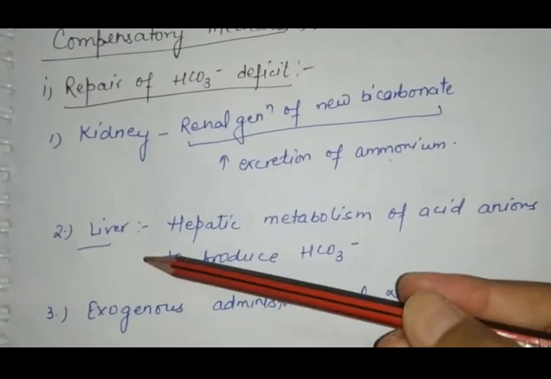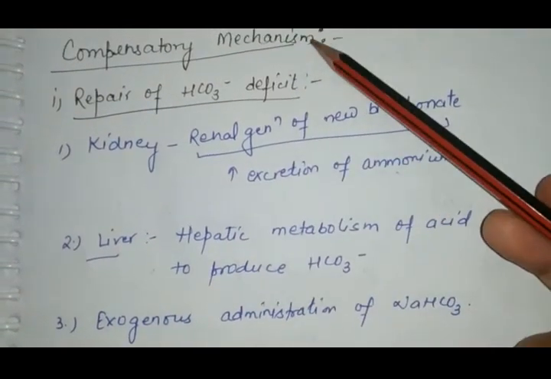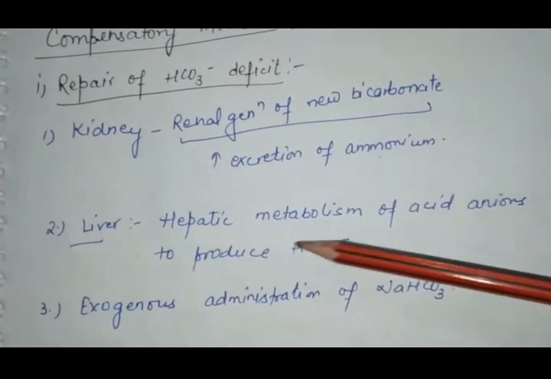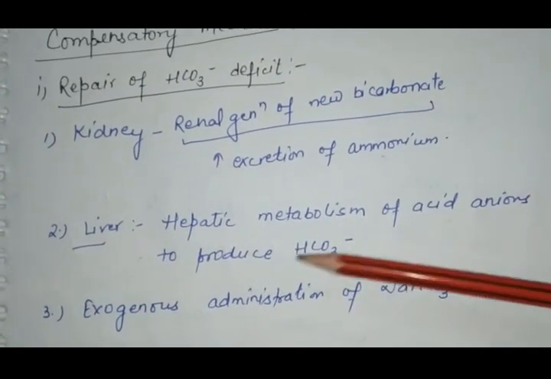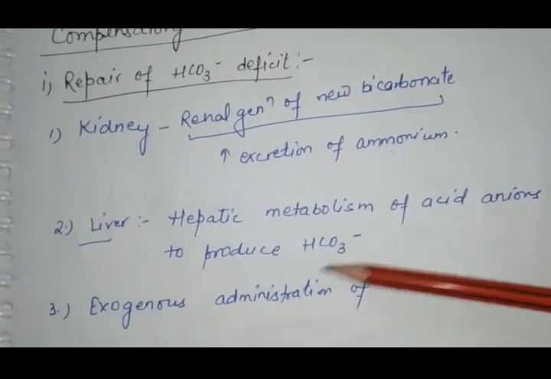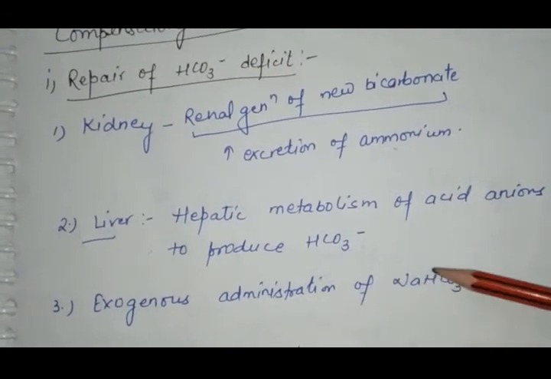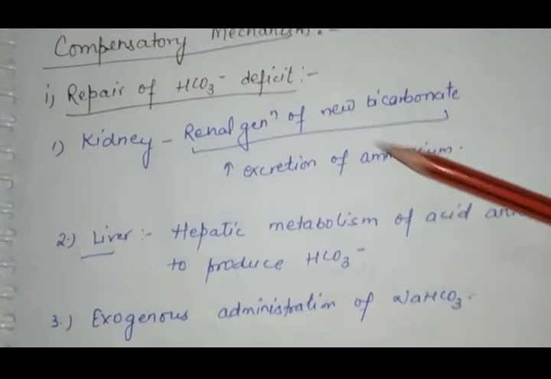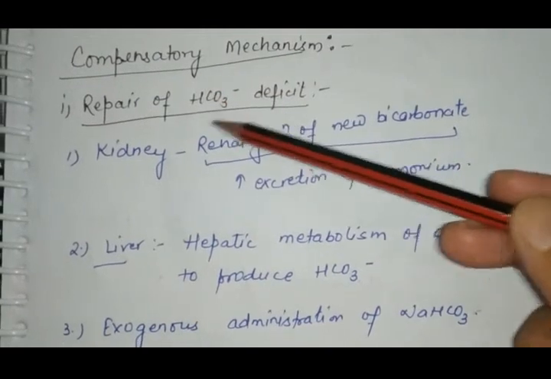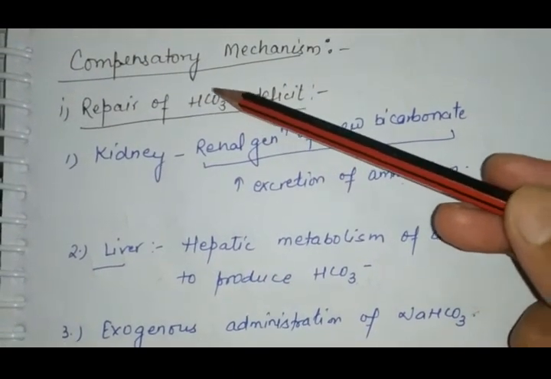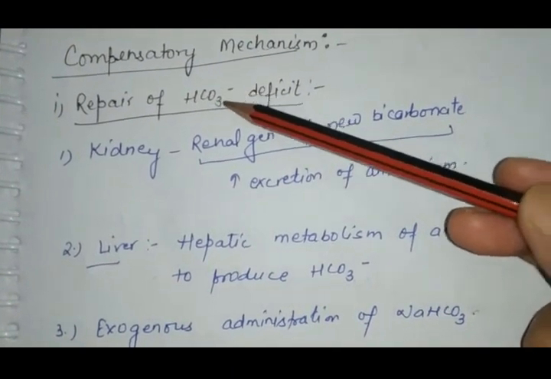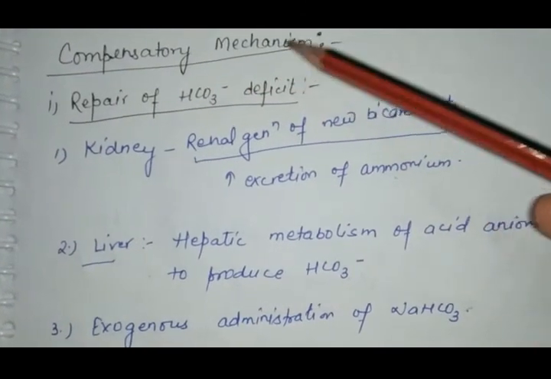Second, the liver also works as a compensatory mechanism: hepatic metabolism of acid anion to produce bicarbonate, and exogenous administration of sodium bicarbonate. So the bicarbonate level is increased, as in metabolic acidosis it was decreased. So this was the compensatory mechanism.